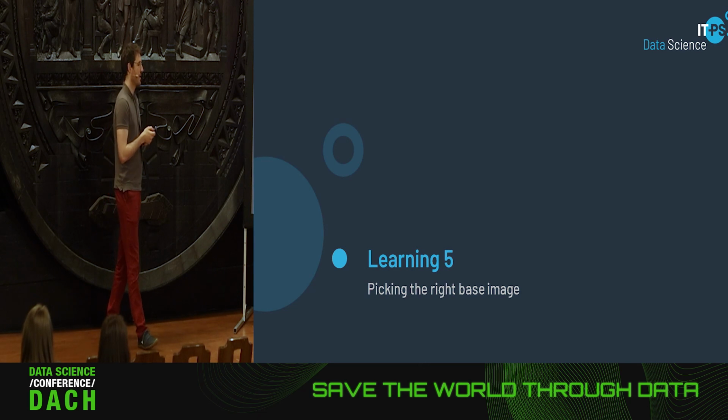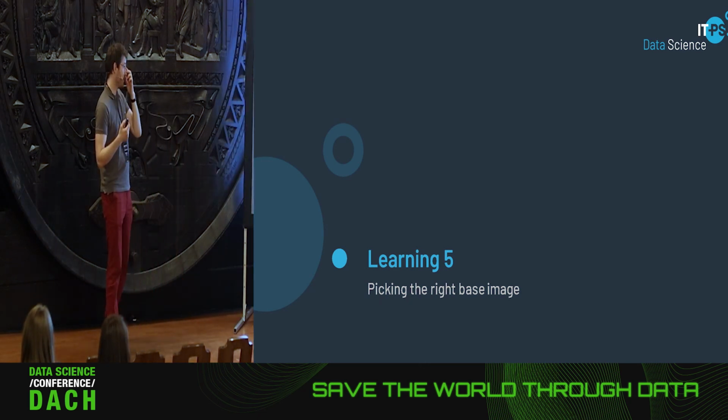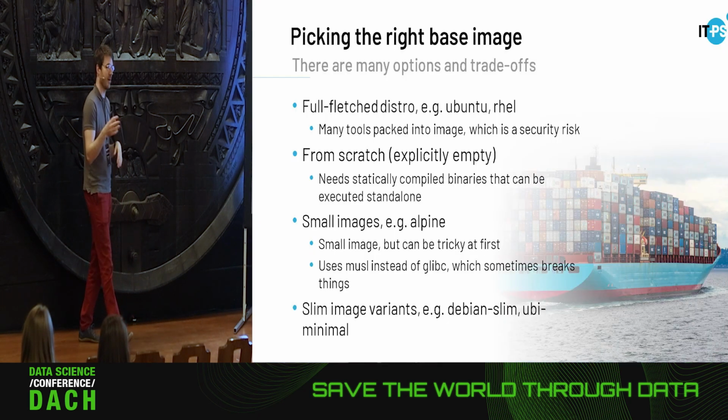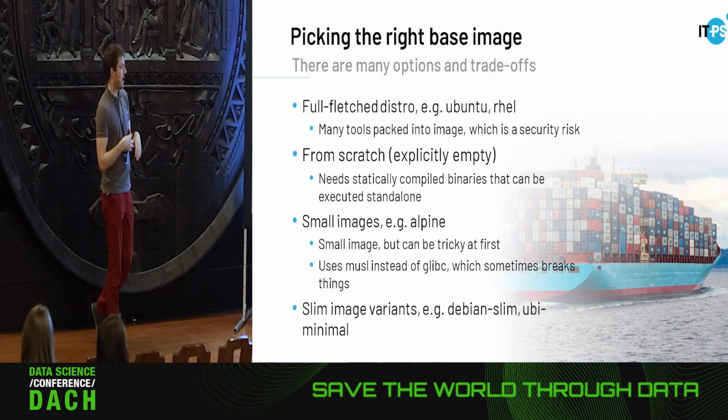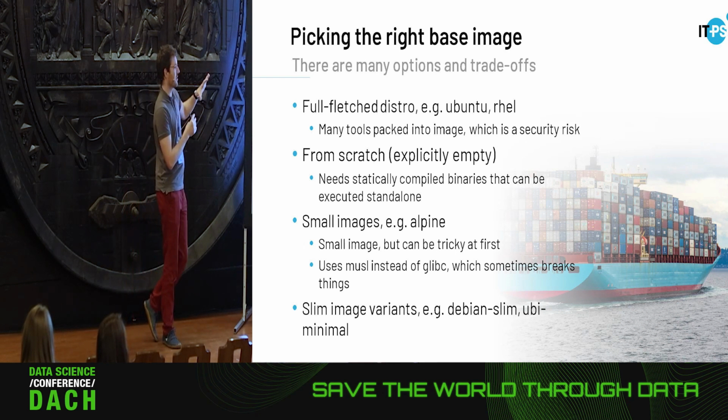The next learning is picking the right base images. I've already talked about containers. You have all the options in the world. There's so many images out there on the various registries like Docker Hub and all the others. And there are great differences between all of them.